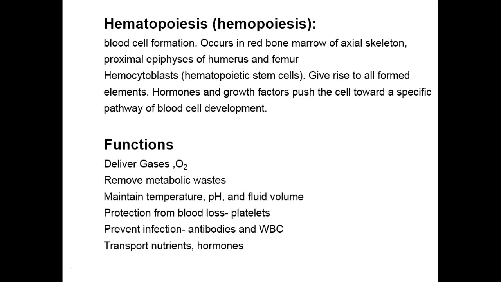General functions of the blood: deliver gases, O2. Certainly we just finished talking about the respiratory system, so this can't come as that much of a surprise. Carbon dioxide and oxygen both are carried in the blood in certain forms, as well as nutrients such as glucose, hormones, and I'll stop, because this pulls in your digestive system.